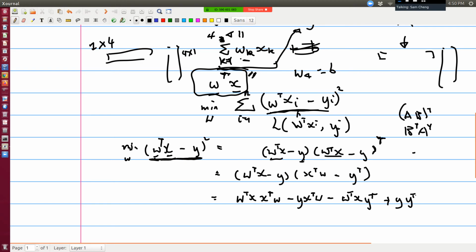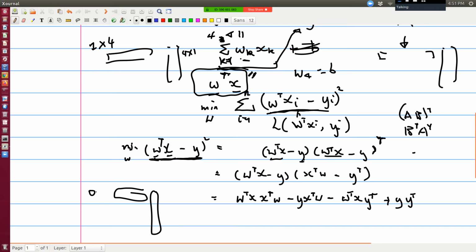Now it looks messy, but everything is supposed to be a scalar. Y is a number, x transpose is like this, w is like this, and this should be a number. This multiplied by this gets a scalar, multiplied by scalar and scalar.